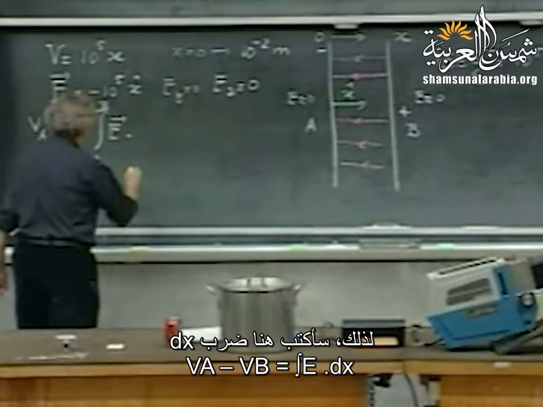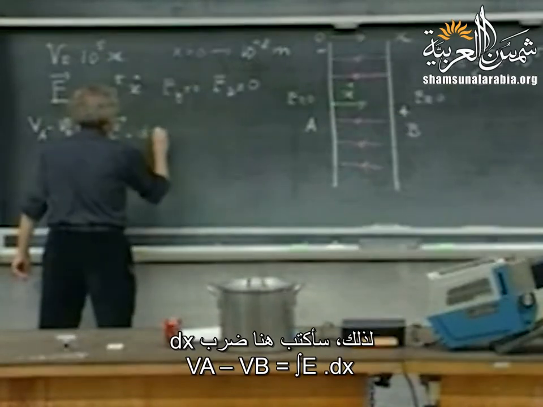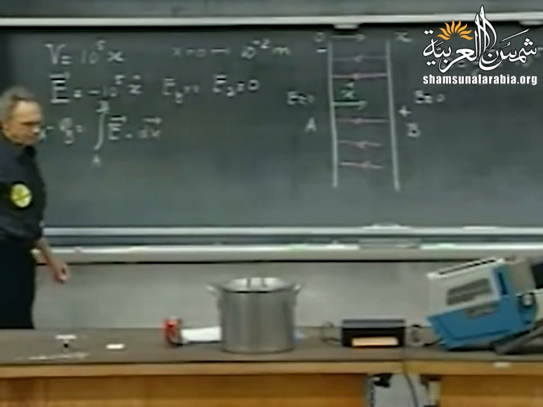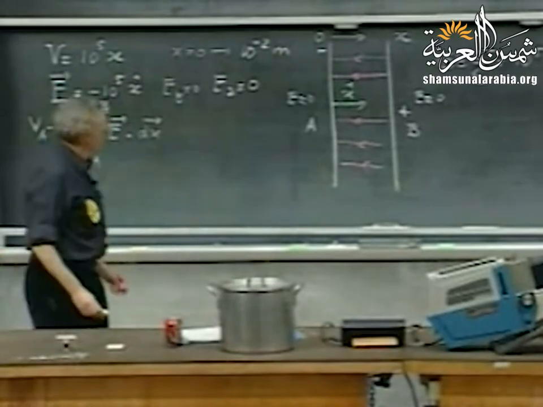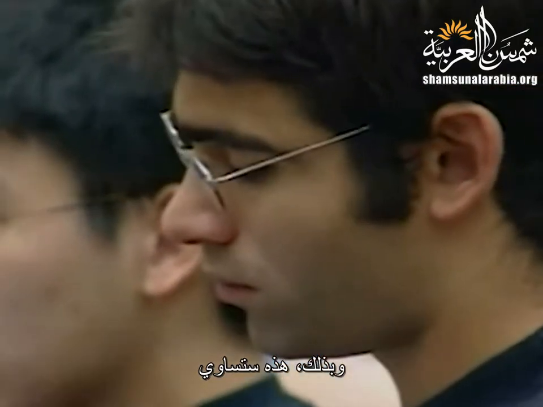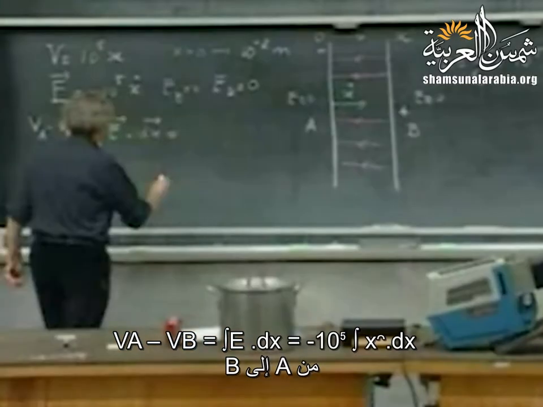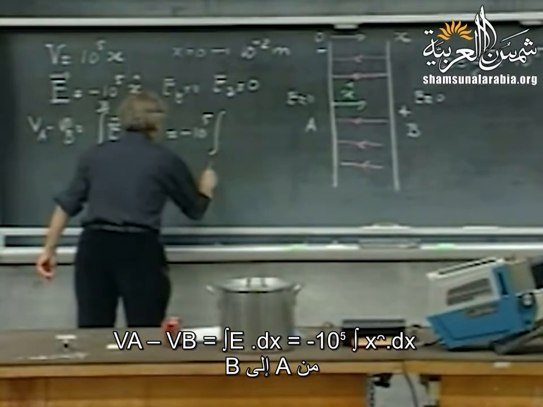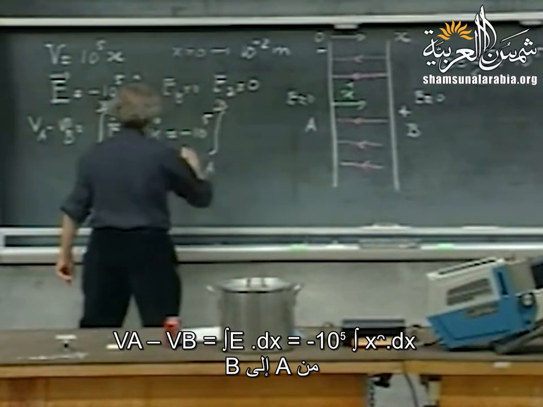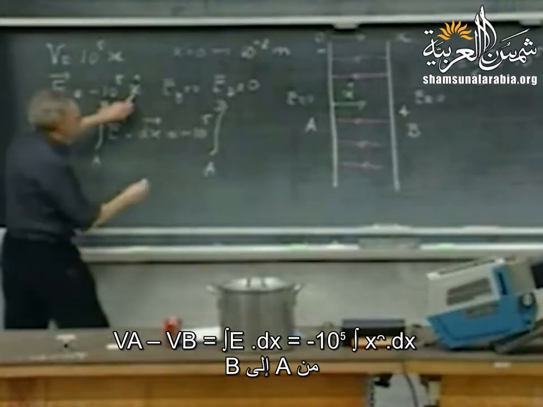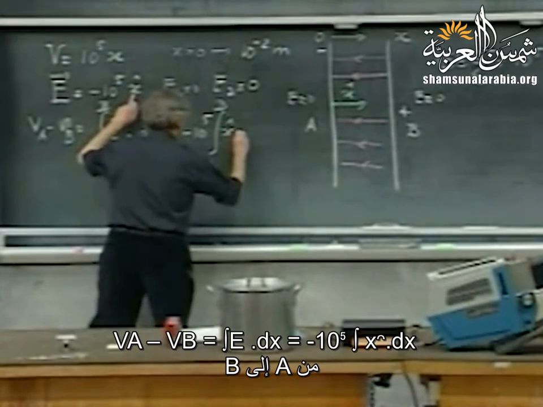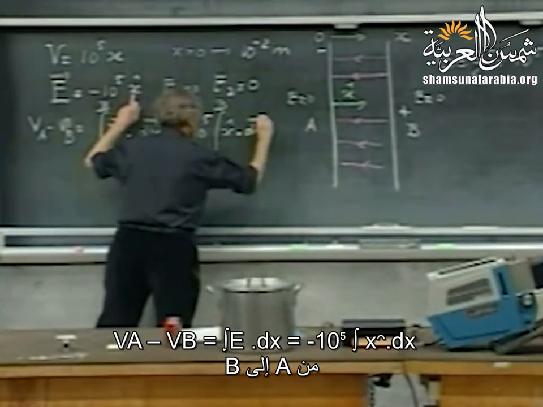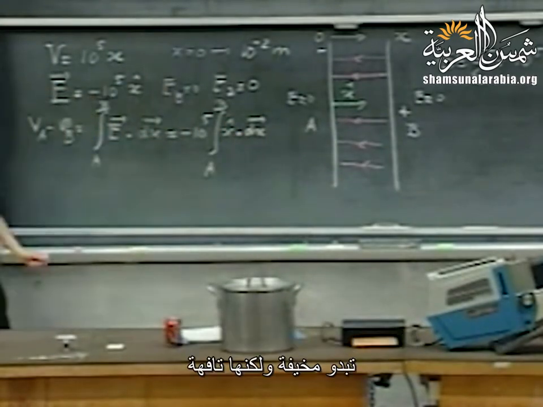So I will write here dot dx. And so this is minus 10 to the 5th times the integral in going from A to B of x roof dot dx. Looks scary, but it is trivial.